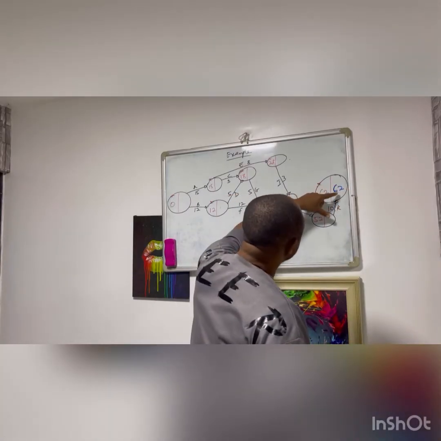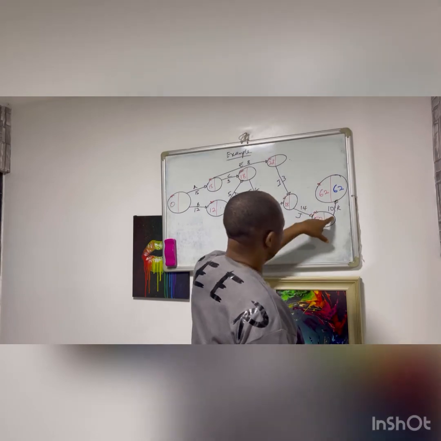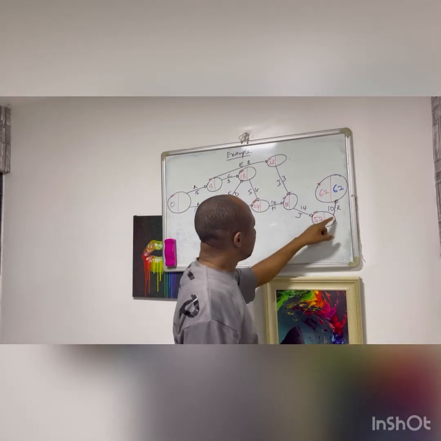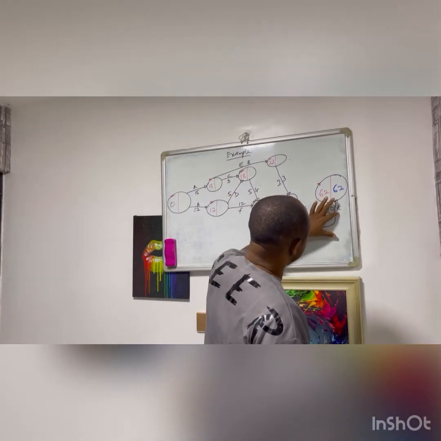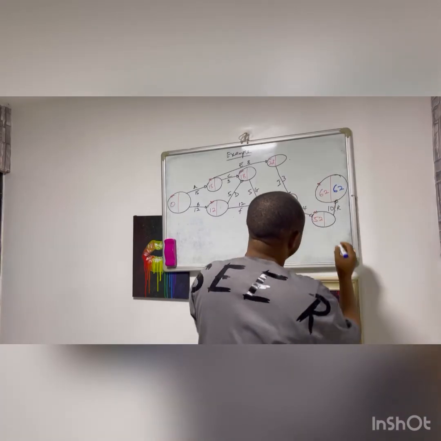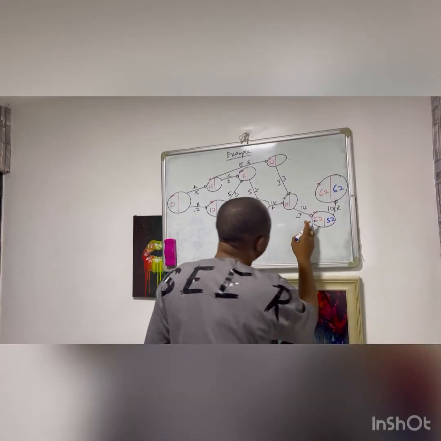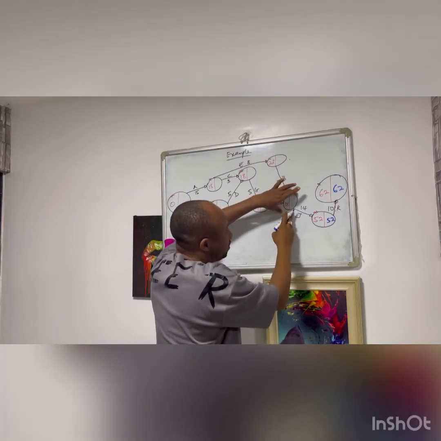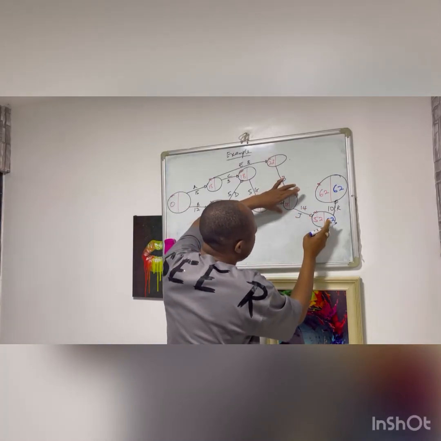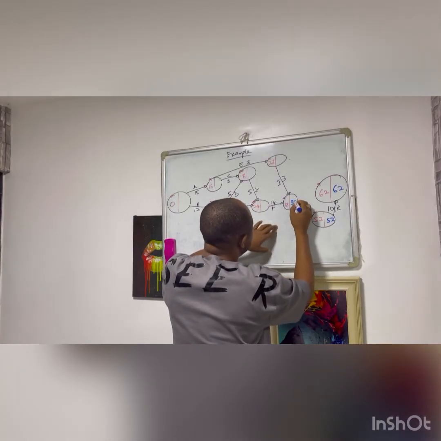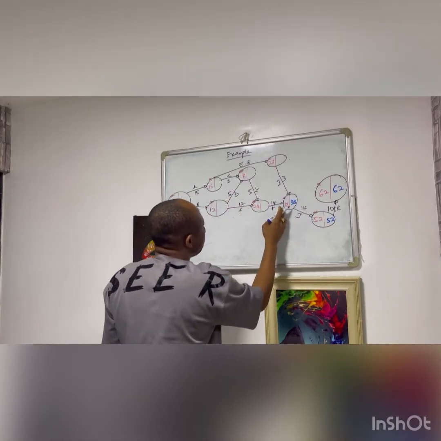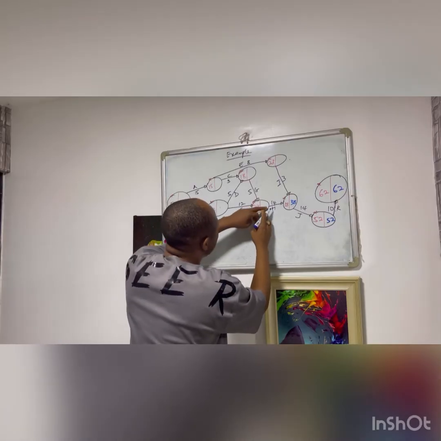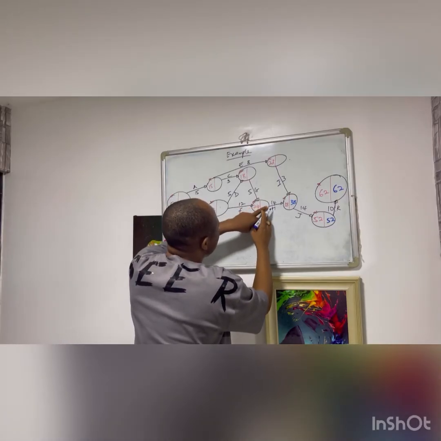If I follow this arrow back, I have only one source originating from this circle, which is K. If I subtract 10 from this, I have 52. Then I follow this arrow back, and I have only one source originating from this circle. Then I subtract 14 from 52, that gives me 38. If I follow this arrow back here, I have only one arrow originating from here.